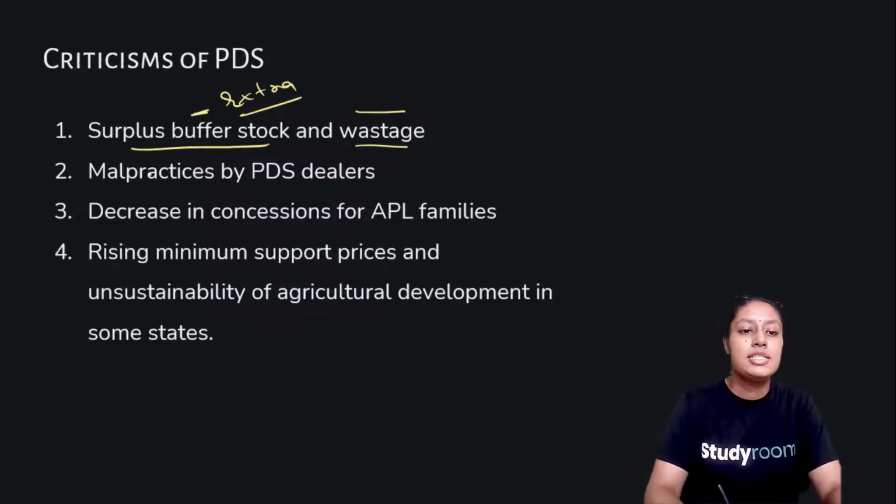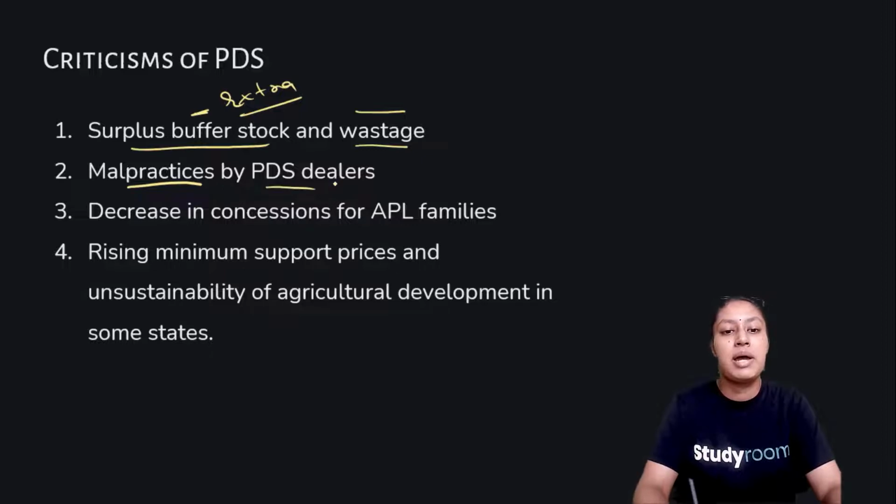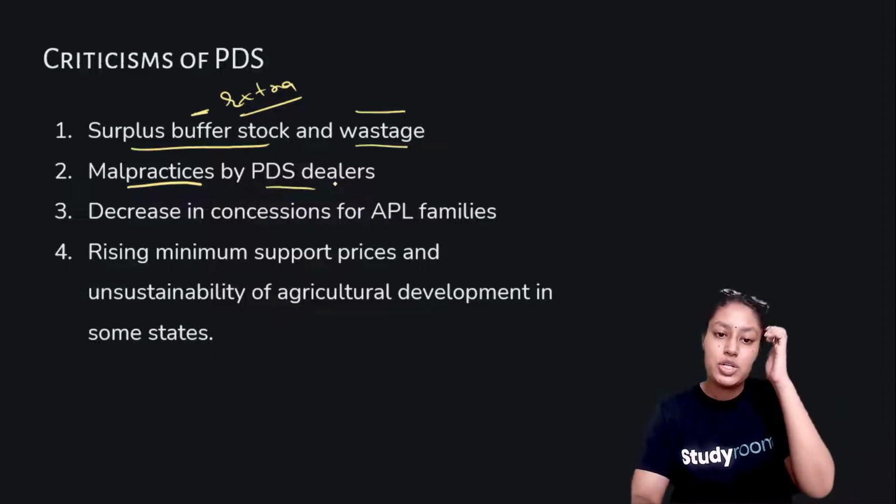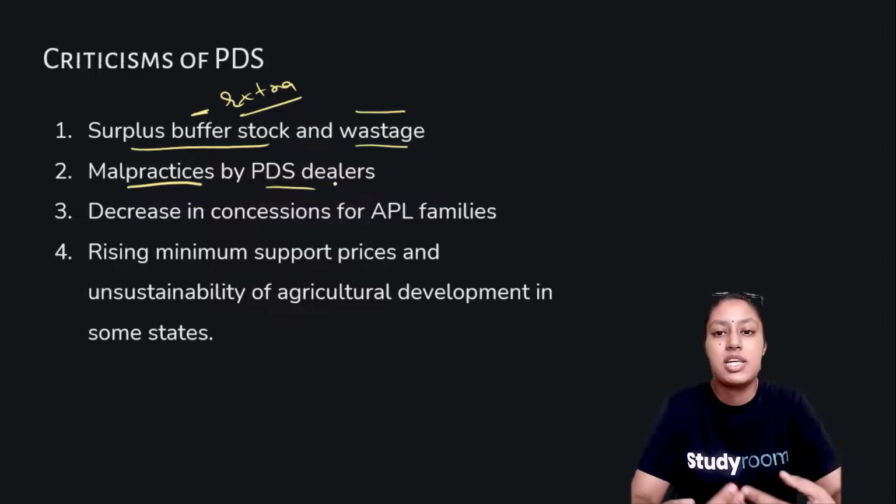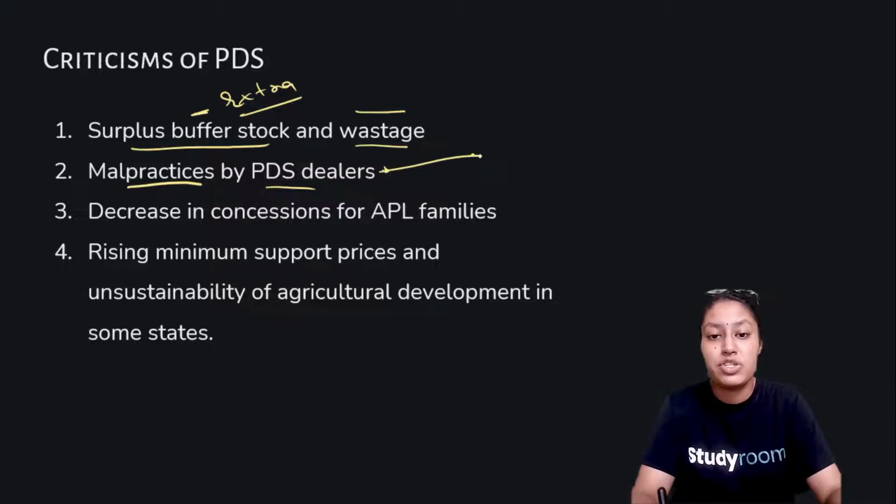All right. Second is malpractices by PDS dealers. Public distribution dealers have been doing malpractices and corruption since a very long time. Since the process is not directly between government and beneficiary, it has lots of layers in it. We add wholesaler, then retailer, then farmer involvement, and everything.